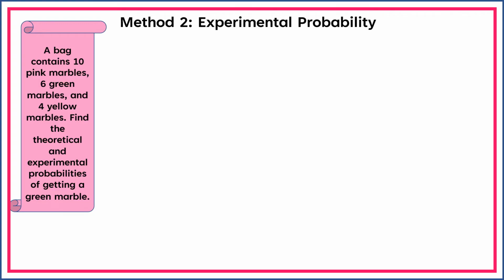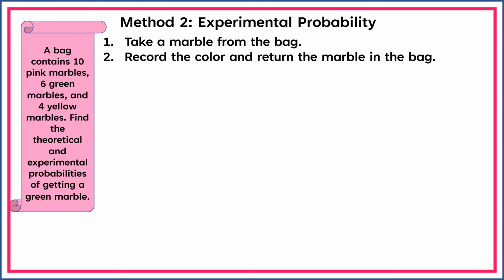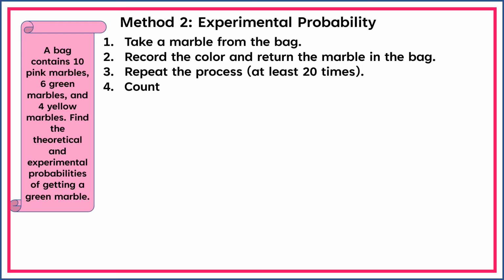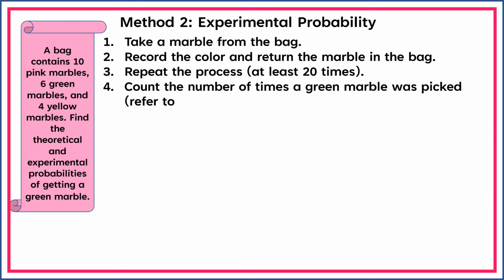This is our method 2, experimental probability. Number 1, take a marble from the bag. Number 2, record the color and return the marble in the bag. Number 3, repeat the process at least 20 times. Number 4, count the number of times a green marble was picked.